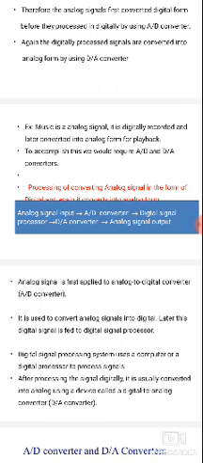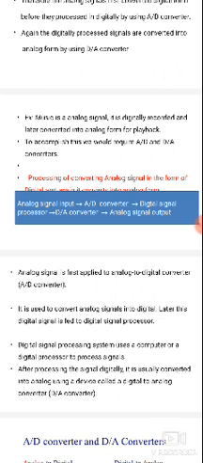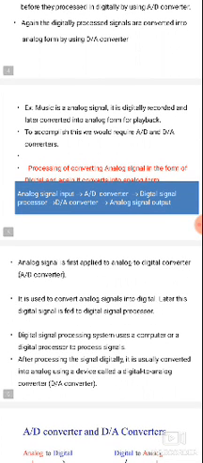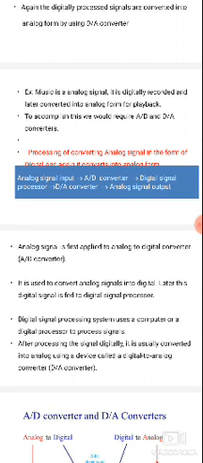After processing, it will come back to the original form, and later it will be converted into an analog signal for playback purpose. To accomplish this, we require analog to digital and digital to analog converters.